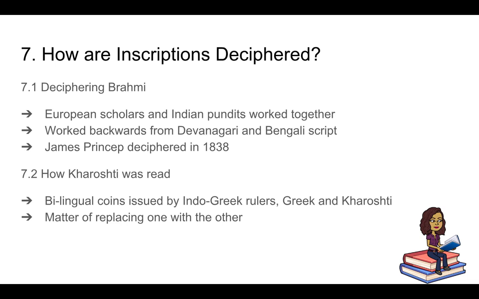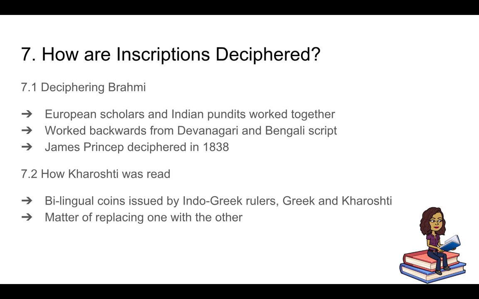So they started working backwards from Devanagari and Bengali script and tried to see if there were any similarities, whether similar looking characters had evolved into what we see today in Devanagari and Bengali. All this groundwork was laid when finally James Prinsep was able to decipher Brahmi in 1838.